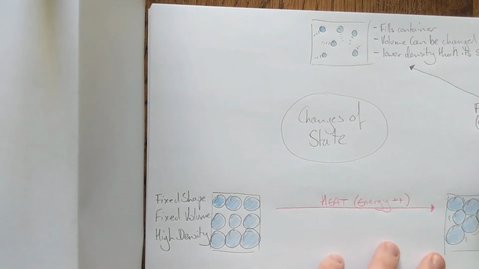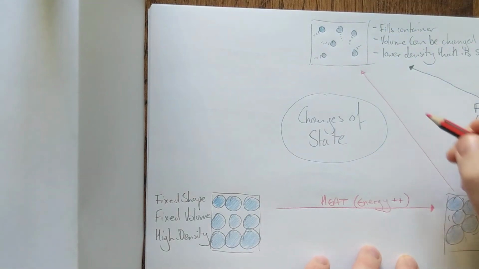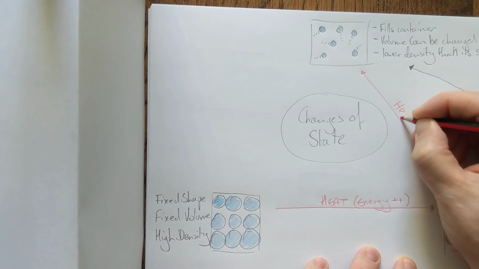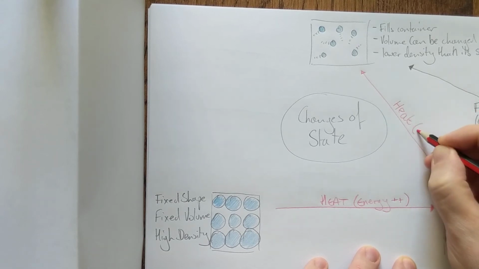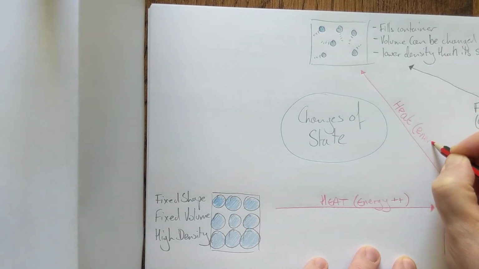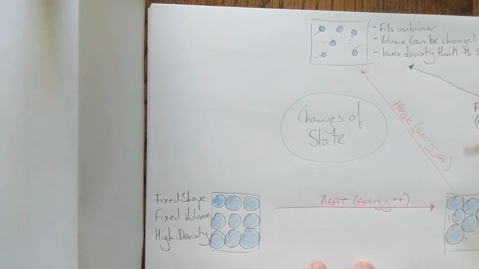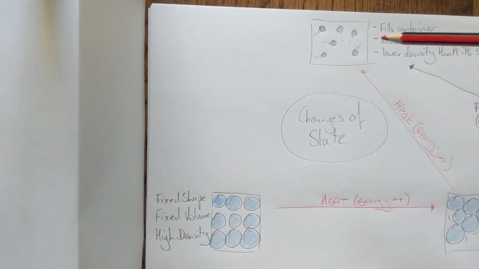If I continue to apply energy here, heat again, my handwriting's going to go a bit funny here. Heat, oh yeah, actually that looks all right. I'll just do it lowercase. Heat, and again, giving it energy. Then eventually those forces of attraction will be overcome and these particles will whiz off into the atmosphere and turn into a gas.